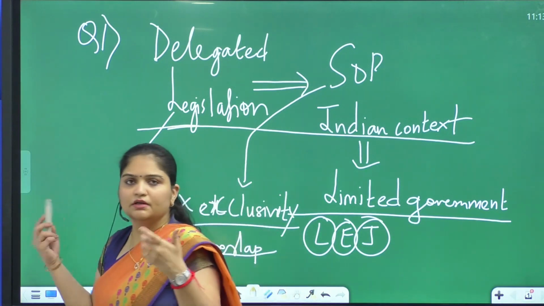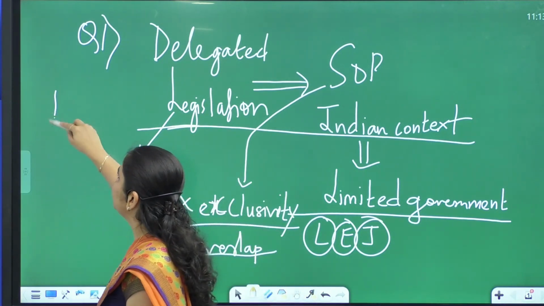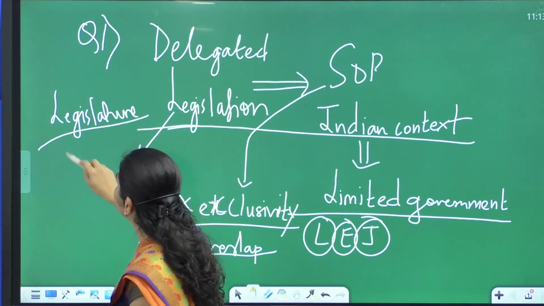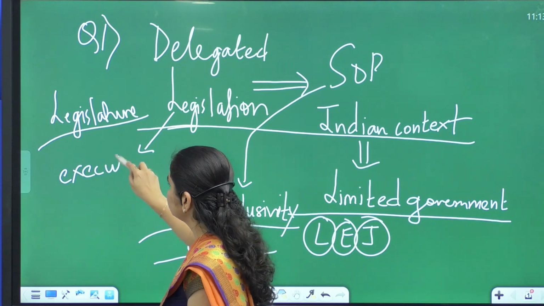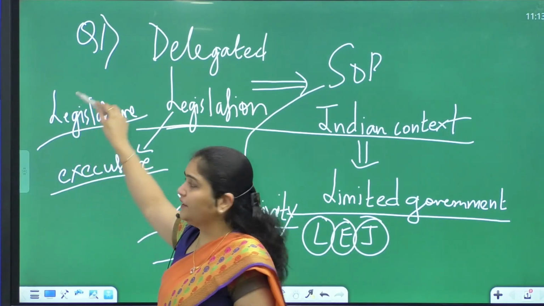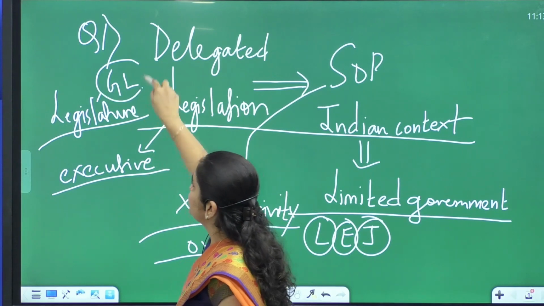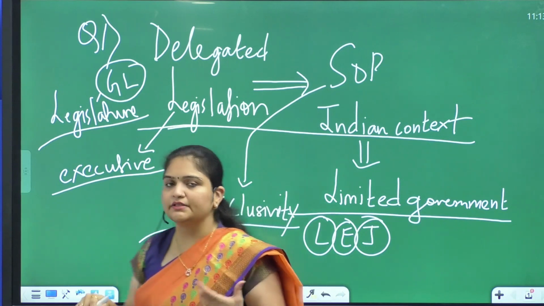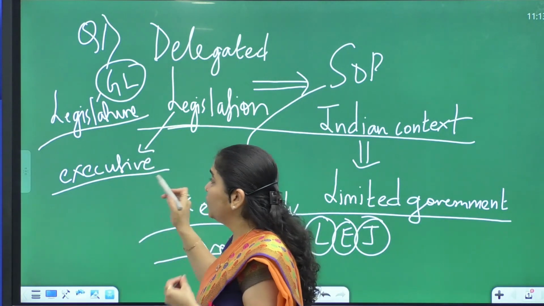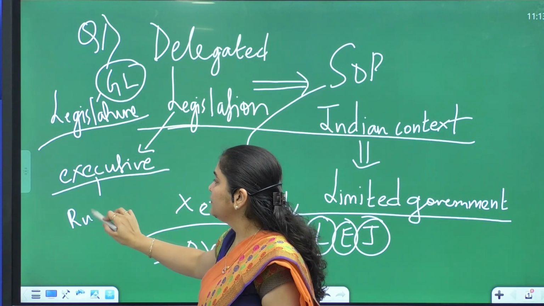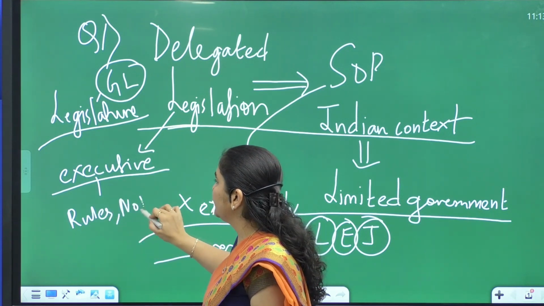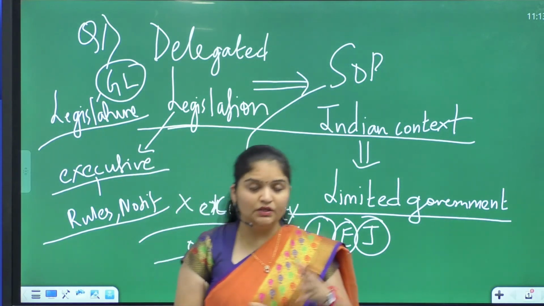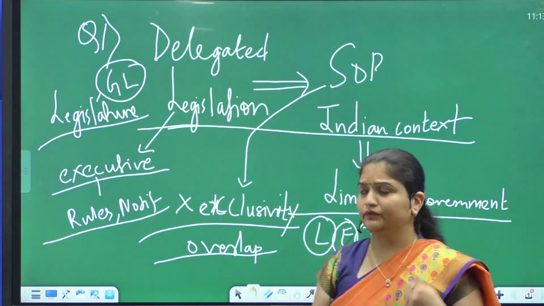So general laws are made by the legislature, okay? But this is done by the executive. So civil servants, who are also part of the administration, the executive, the government of the day, what do they do? They make rules, they make bye-laws, they make orders, they make notifications on how to implement these laws, or what the rules will be for the implementation of laws.